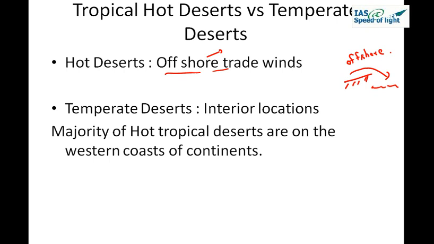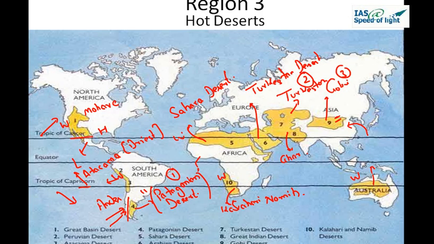But in contrast, if you have winds from the ocean towards the land, they are onshore winds. So there are chances that when it is coming from the ocean, it will bring moisture and produce rain. So simple concept.